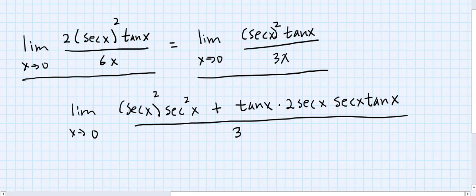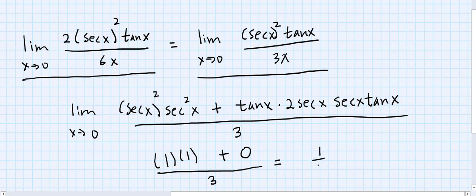The derivative of 3x is 3. Now, when you plug in 0, you're going to get 1 times 1 plus 0 all over 3, which is going to be 1/3. And that is going to be your final answer.